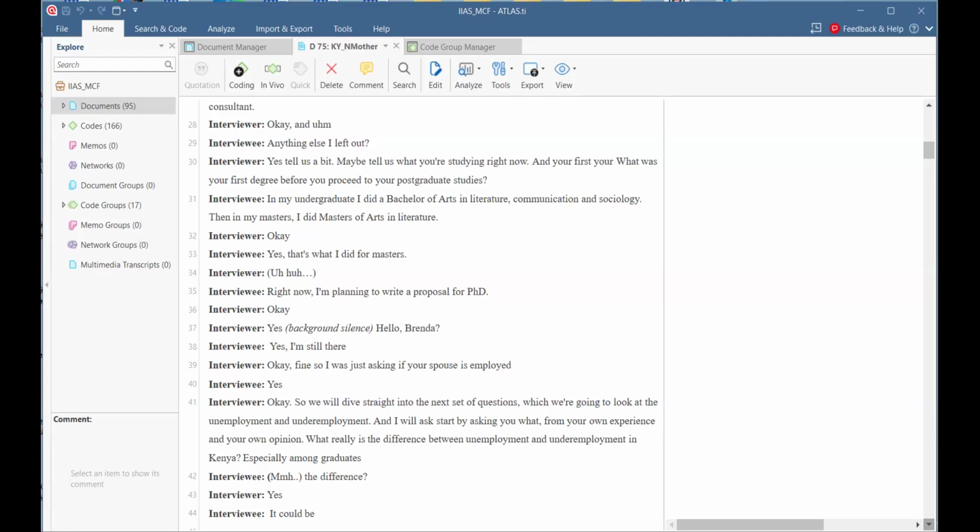So it's not just reading and just deciding, okay, this one does not fit, this one fits. No, as much as you're the Lord and King of your analysis, remember, you're submitting it to ATLAS where people will ask questions, and you're submitting it to reviewers who know the process, who eat, drink and sleep qualitative research.